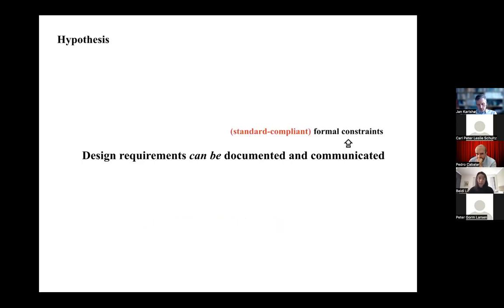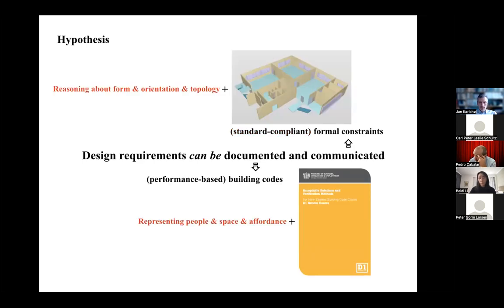On the other hand, design requirements can indeed be communicated as formal constraints that adhere to the data standards, so they can be delivered together with the building model. But we still need a way to reason systematically about form, orientation, and topology, so design requirements can be encoded as lower level geometric or topological constraints.